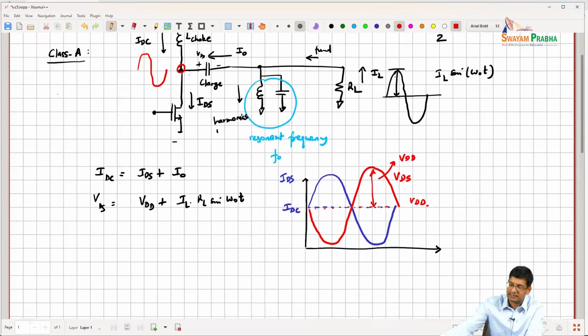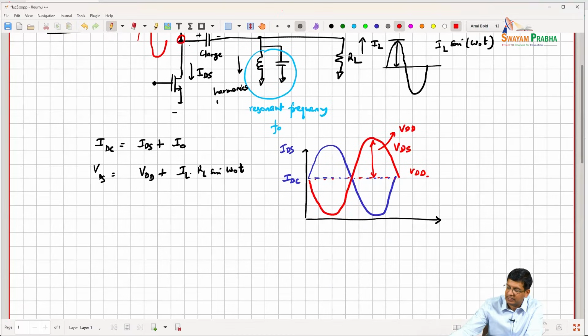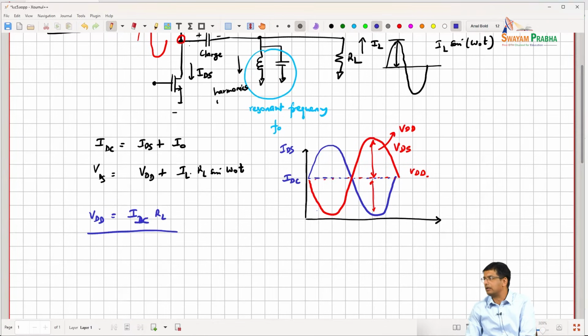And since I want the swing magnitude to be VDD, and I want to make sure that even the current is swinging as much as possible, I can make sure that happens by applying the equation that VDD is IDC times RL. Because if VDD is IDC times RL, then when the current swings to the lowest, I will get the maximum swing that I can get on the device. So, this is the point of getting maximum power out of the PA.